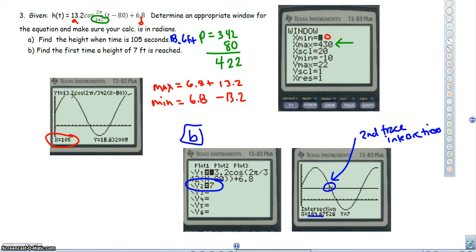So the answer is going to be about 164 point, well, it's either going to be 68, depending on how I round. I'll round this to the nearest hundredth because I'm not sure what it's supposed to be, and that would be seconds. So that's your answer for number 3, and that's all calculator.